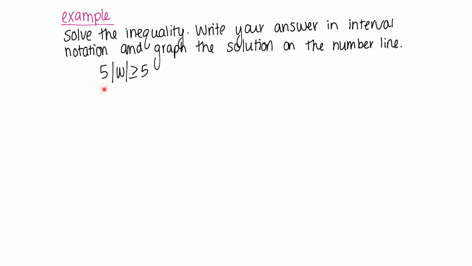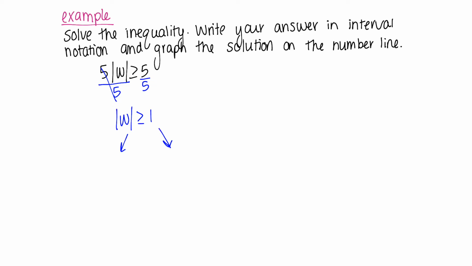Here, we're trying to get this absolute value by itself. So this little 5 here, we need to take care of before we can do anything else. I'm going to divide both sides by 5, just like I would if it were 5w without the absolute value. And now I have the absolute value of w is greater than or equal to 1. If you have an absolute value that's greater than a positive number, this is where you split it into two different inequalities.